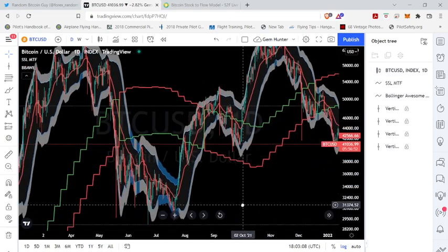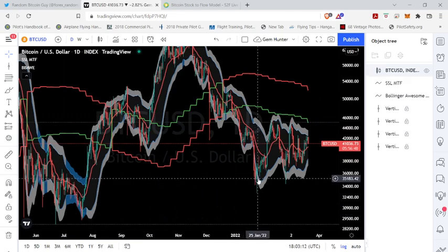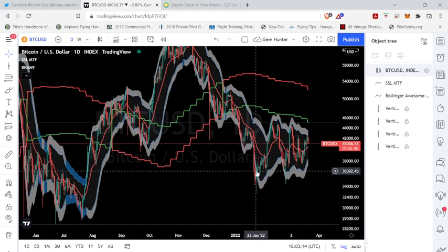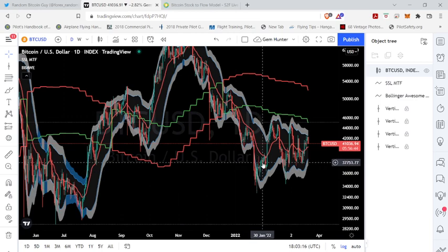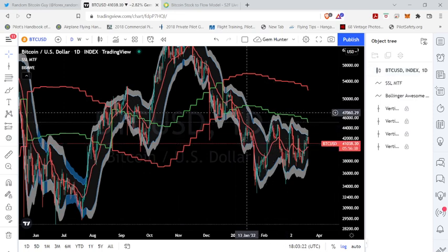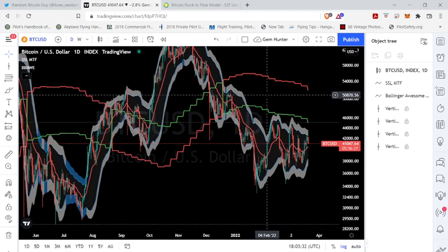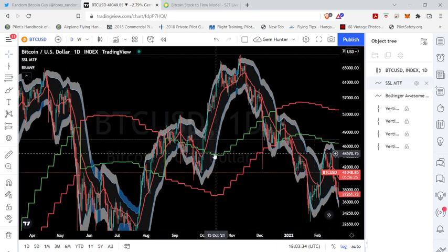One more time through. 200%, 175, 150, 125. In between the SSL, it's always your regular DCA, whatever it comes out to. If price is in between these two lines, there you go, your regular DCA.